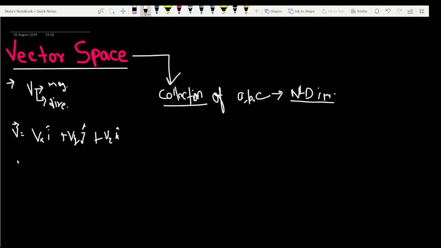If there is a collection of vectors, there may be vectors like i cap, j cap and k cap, which are used to represent our data.